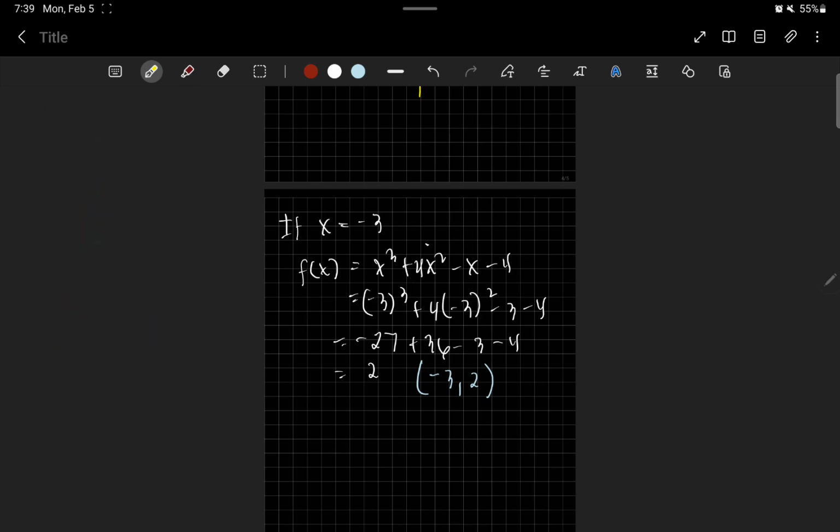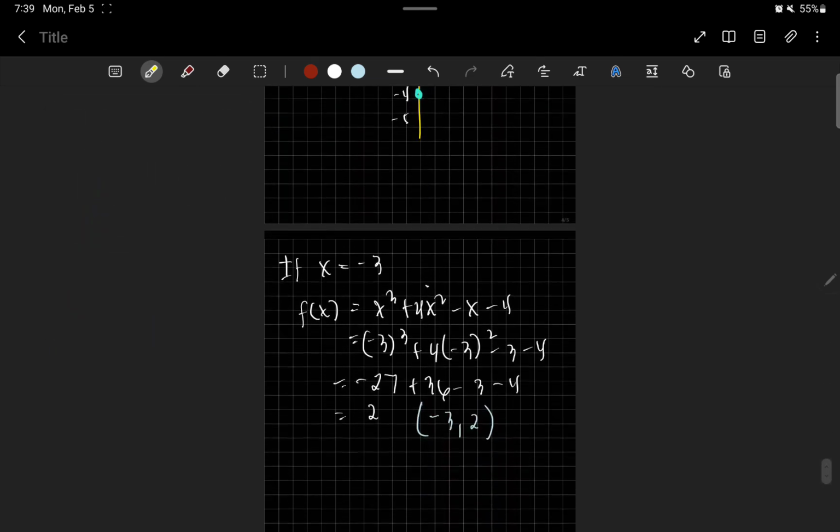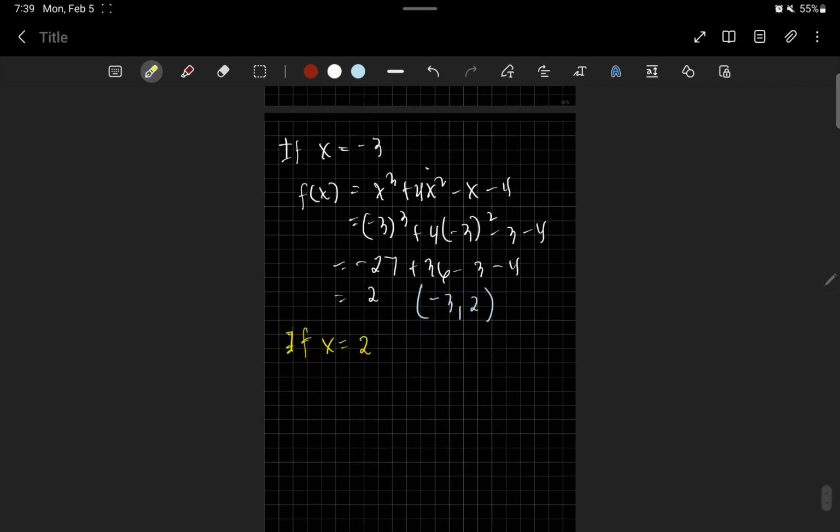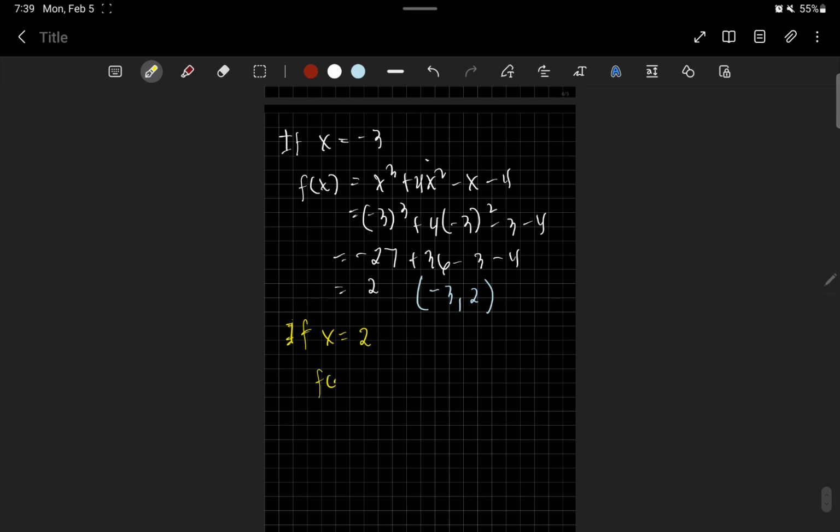And the last one is if x is equal to 2. So f of x is equal to, direct ko na ha, 2 raised to 3 plus 4 times 2 raised to 2 minus 2 minus 4. 2 raised to 3 is 8. 2 raised to 2 is 4, times 4 is 16.